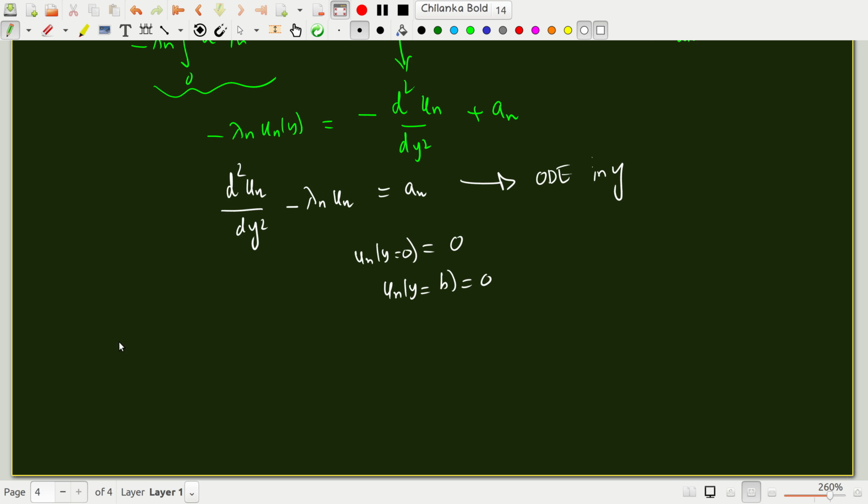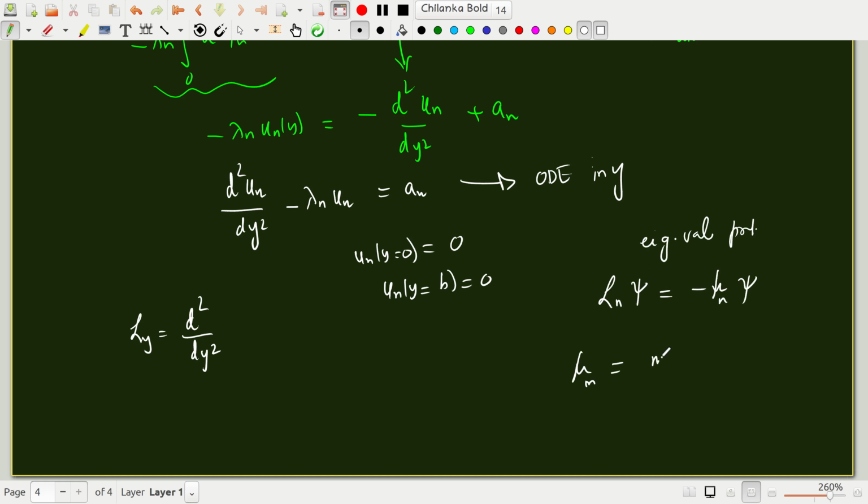Okay, so again this is the same. Let's call this operator d squared dy squared as Ly. This operator is again self-adjoint, so Ly psi equals minus mu psi is the eigenvalue problem of this operator. Now again the eigenvalues are very similar.